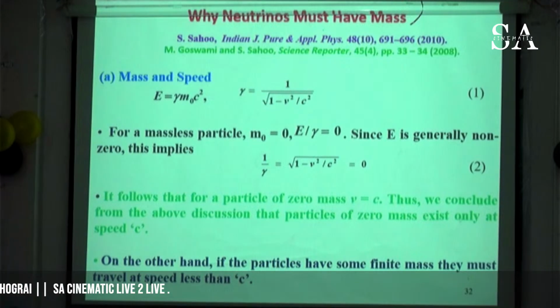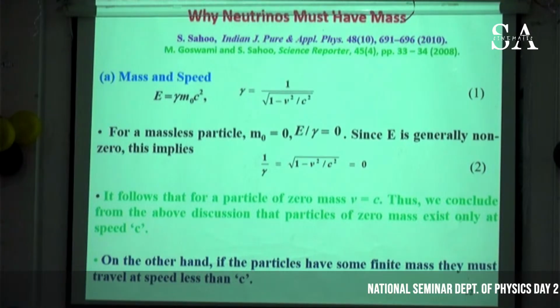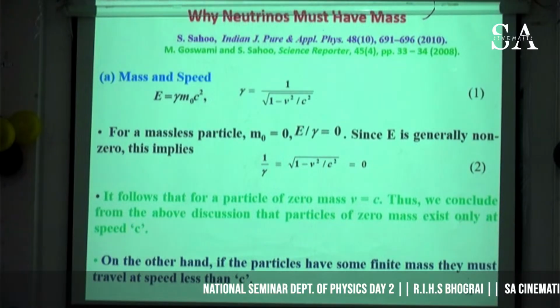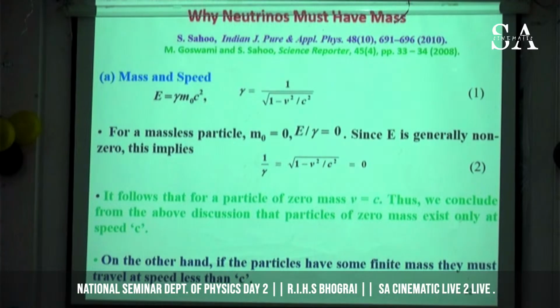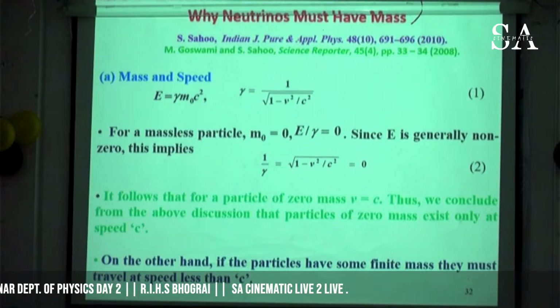Then from this equation we get v equal to c. That is, only massless particles move with the velocity of light. If any particle has mass, then it cannot move with the velocity of light. So far we know no material particle can move with the velocity of light.